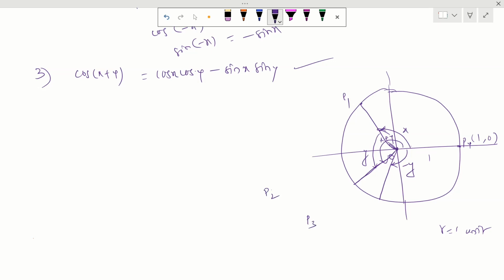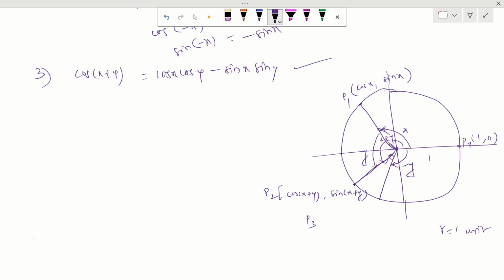What are the coordinates of this point? The coordinates are cos x and sin x. The coordinates of this point are cos of x plus y and sin of x plus y. Understood?